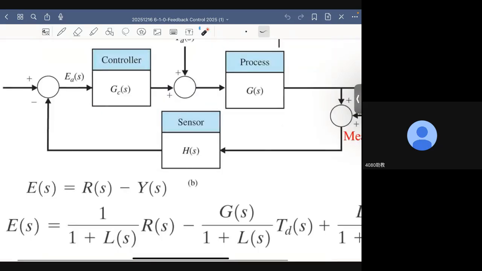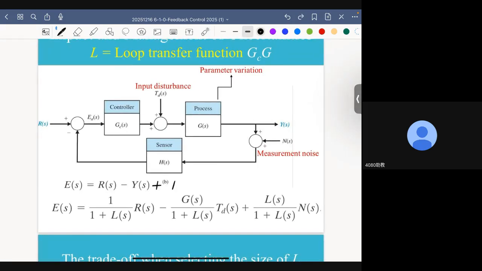In addition to Y, what the controller is getting is an additional, I'm sorry, should be a minus sign, additional M, right? Because Y is here.